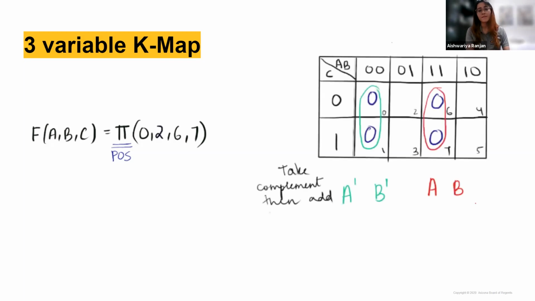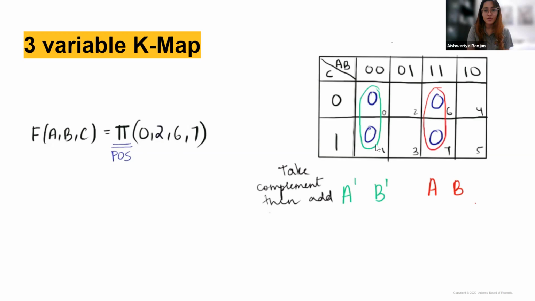Okay, so first we build the Kmap normally. And now, since we're finding the product of sums, instead of putting ones in the numbers over here, we put zeros. So for 0, we put 0.